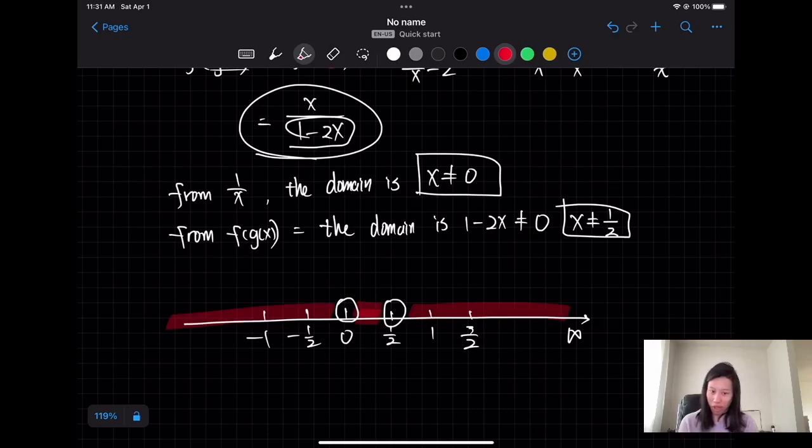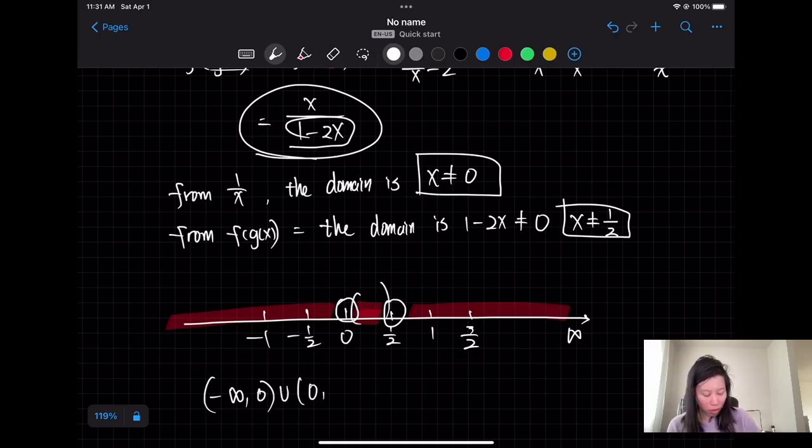How do we represent that? The domain of the composition function should be from negative infinity to 0, union the second part, from 0 to 1/2, and union the right part, from 1/2 to infinity. That means x can equal anything but 0 and 1/2.